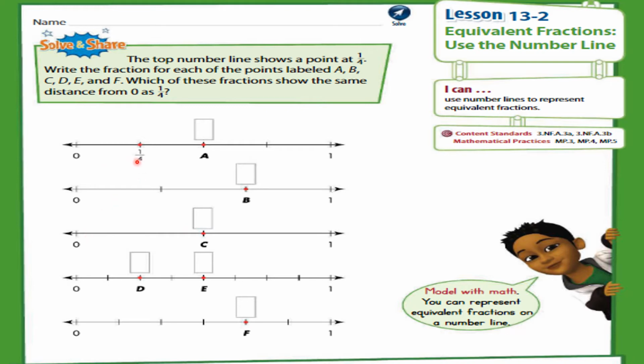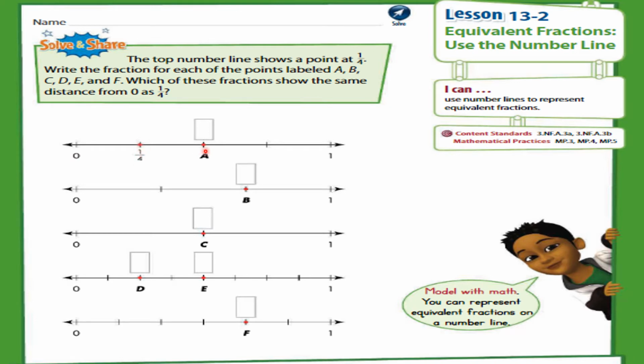this number line, first of all you have to look, it's divided into how many equal parts. Okay, so this number line is divided into 4 equal parts. I can see the denominator here. You will not count 0, you will start counting from 1, the first part.